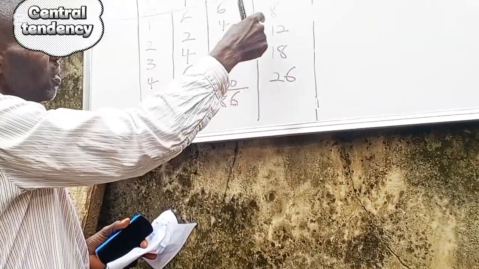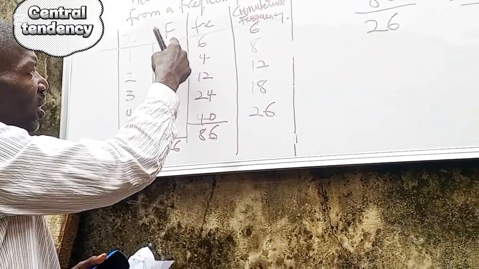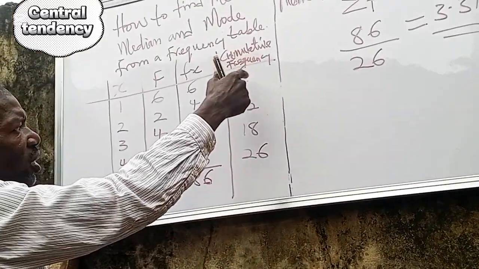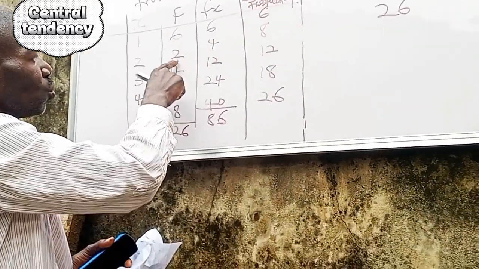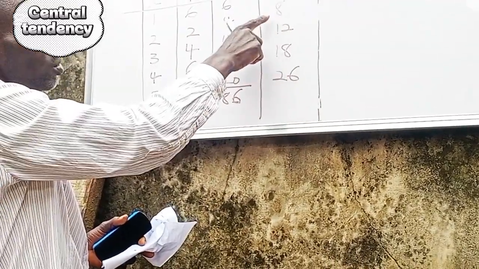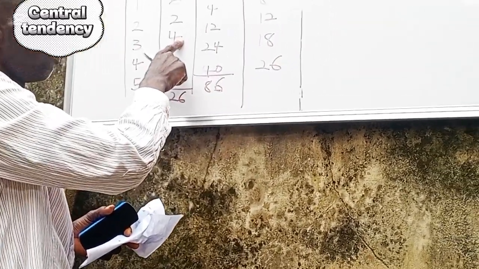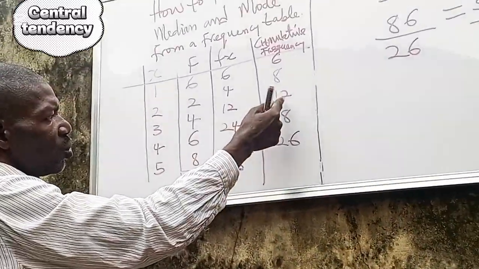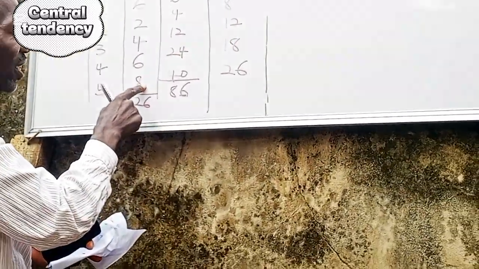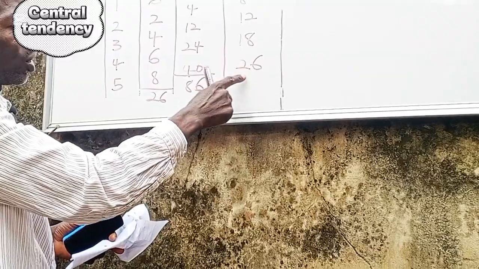So from the frequency here, you get your cumulative frequency. You write the 6 first, then 2 plus 6, that is 8. 4 plus 8, that is 12. Then 6 plus 12, that is 18. Then 8 plus 18, that is 26.